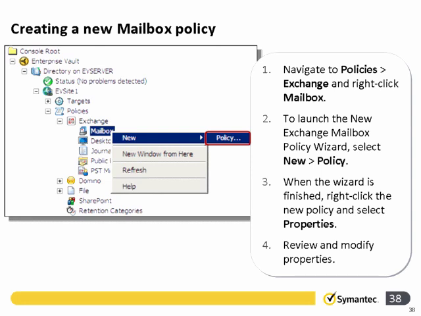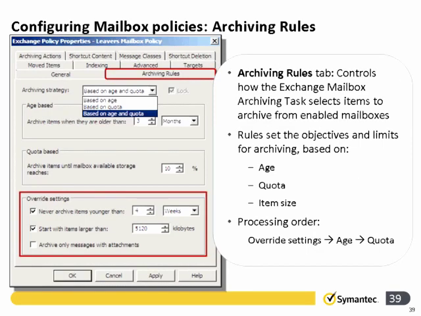Once you've created the name and the description, you have to actually go and right-click on the policy and select Properties to open the Properties dialog box, and then you can start configuring that particular mailbox policy based upon your anticipation of associating it with a particular group of people that will be assigned to your provisioning group.